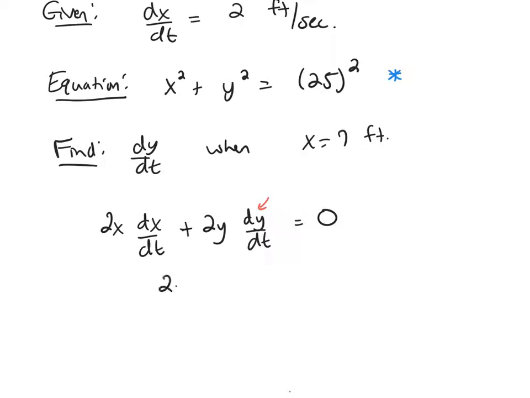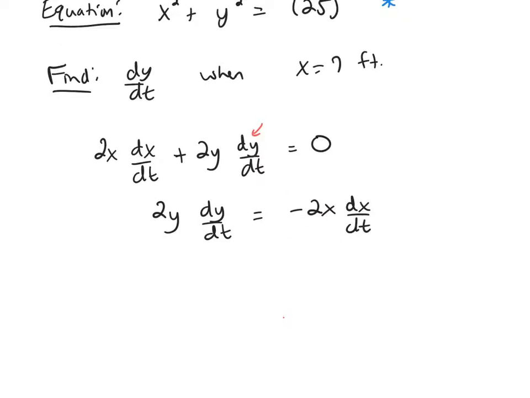We'll get 2y dy/dt equals negative 2x dx/dt, and divide by 2y. You'll get dy/dt equals negative 2x over 2y dx/dt. The 2's will cancel, so I'm just left with negative x over y dx/dt.